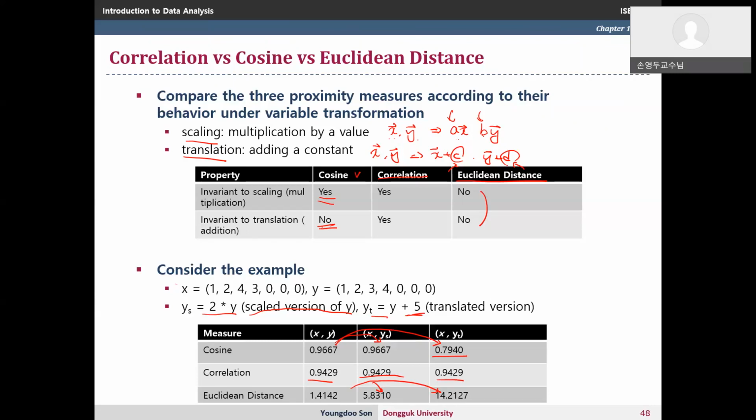And the correlation is invariant to both scaling and translation because in the calculation of correlation, the vectors are normalized. It means that the mean of the vector is subtracted, so it is invariant to the translation, and it is divided by its standard deviation, so it is invariant to the scaling.